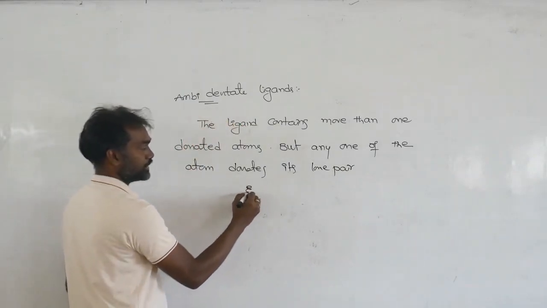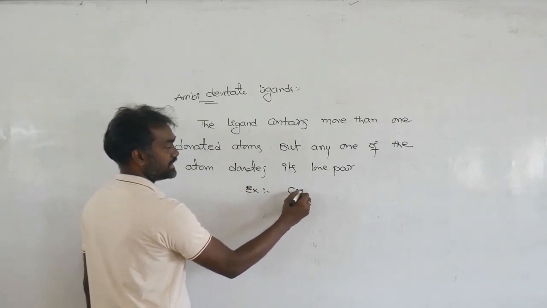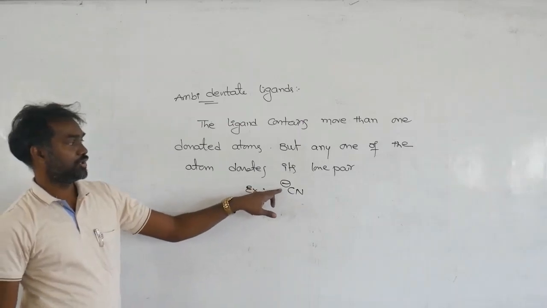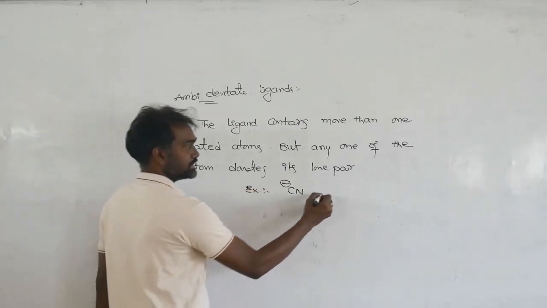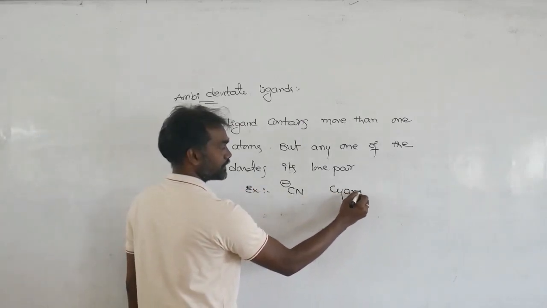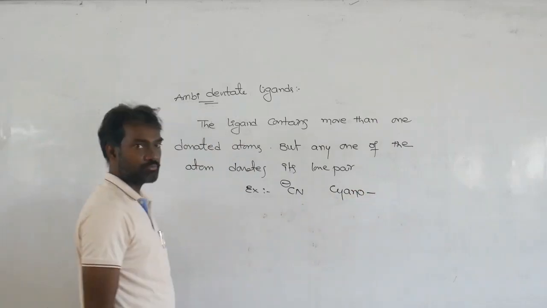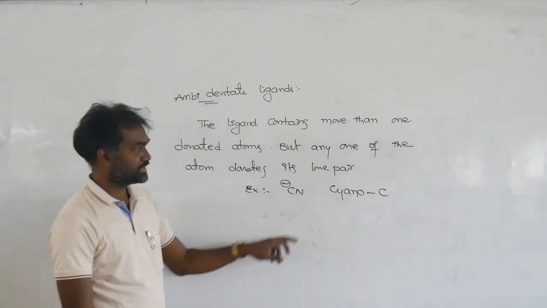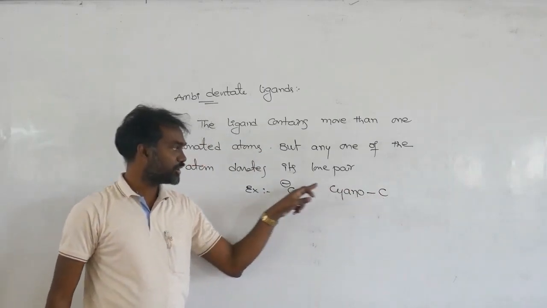For example, you take CN minus. Carbon has a negative charge, so that's why it is called cyano. Sometimes in some books they write cyano-C, which means in cyanide the C atom is donating.